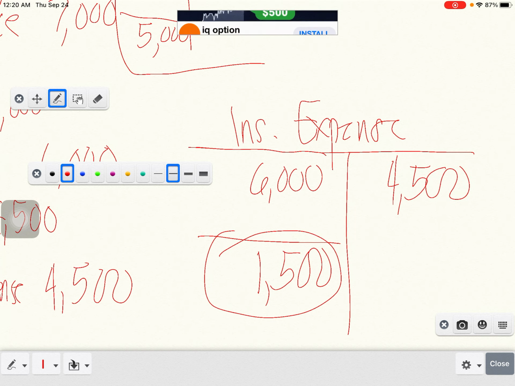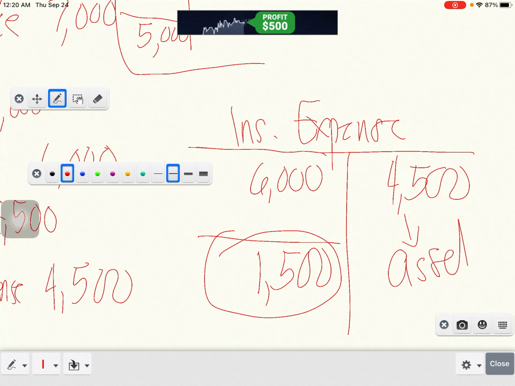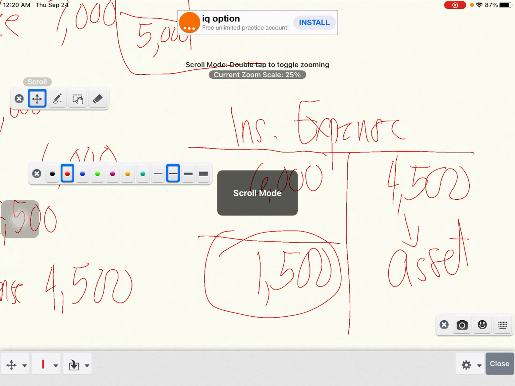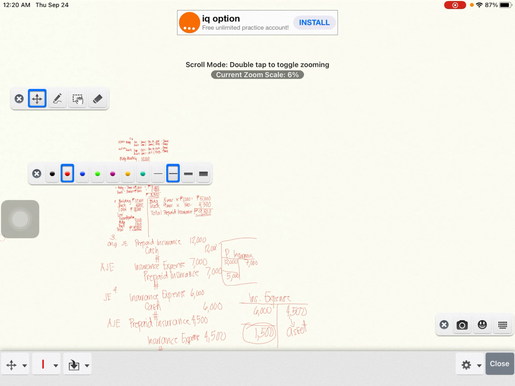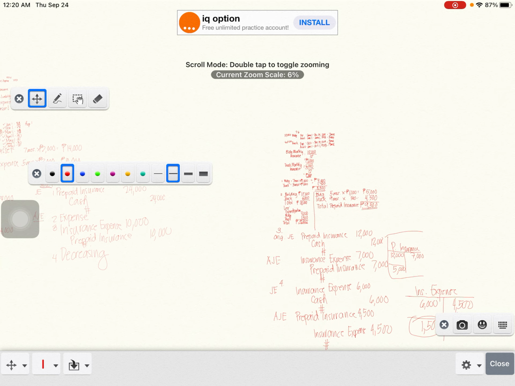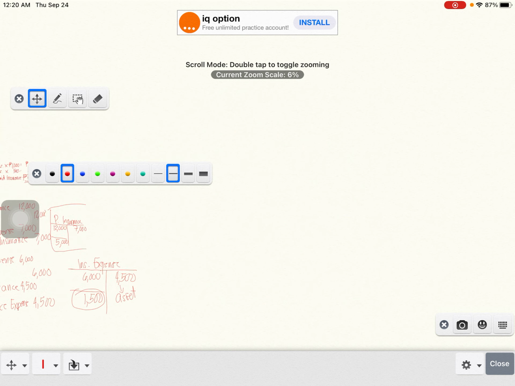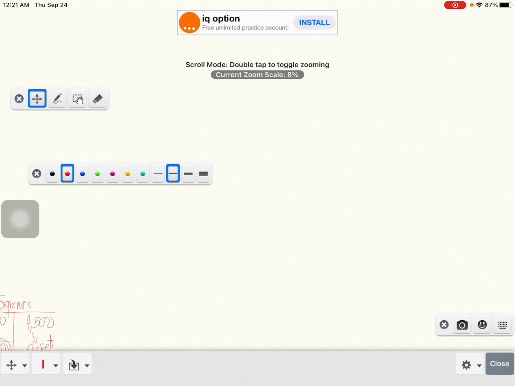So, naka-i-subtract nga 4,500. So, what is this 4,500? This is the asset portion.